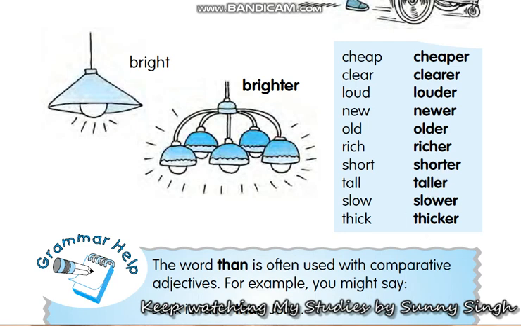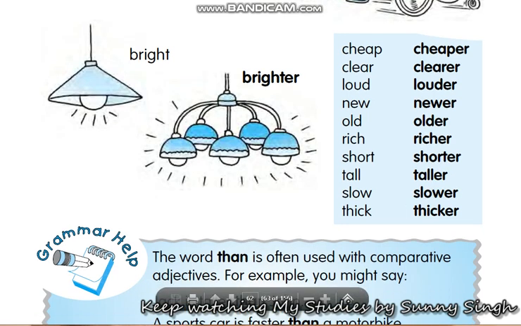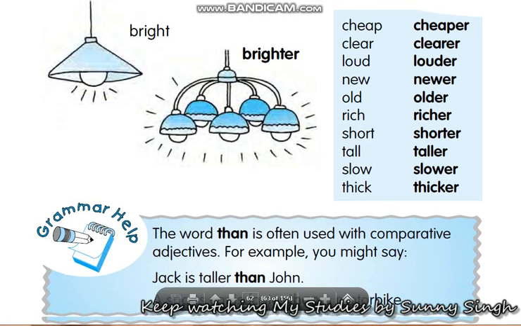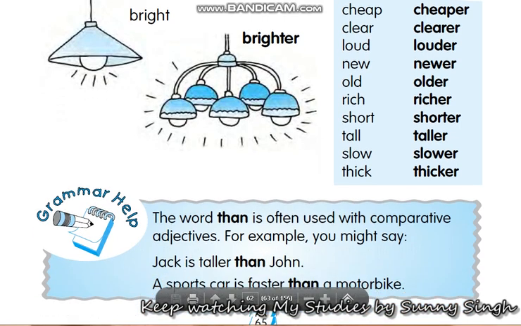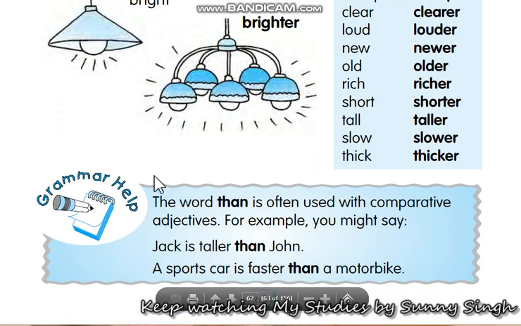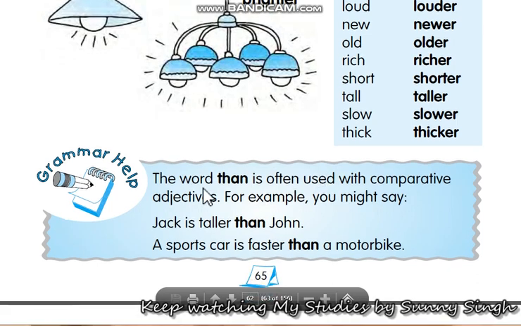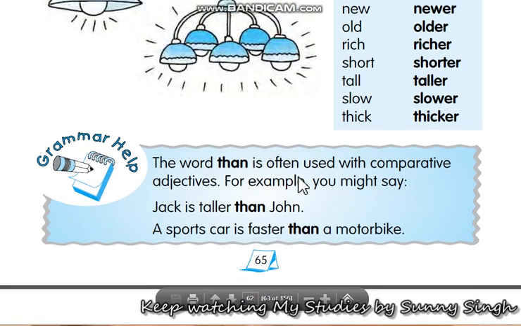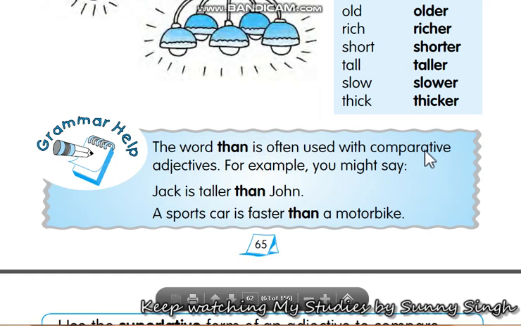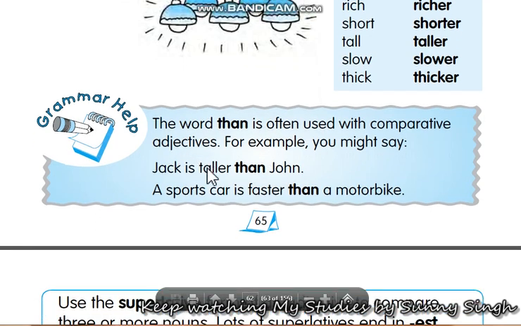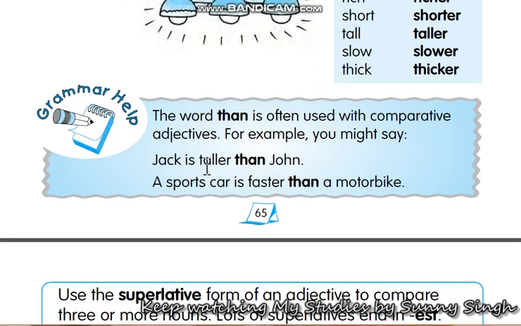Remember the point which is very important for comparative degree of adjectives: when we use comparative, the word than is often used with comparative adjectives. When you write a sentence with a comparative adjective, you must use than after the comparative word.